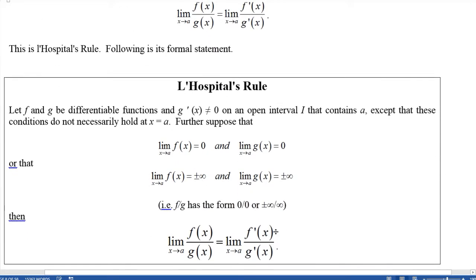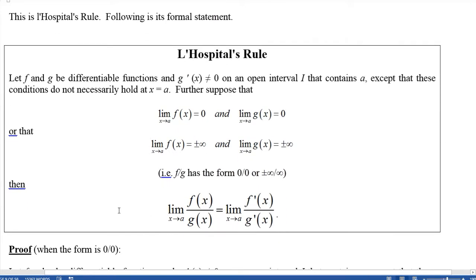So here's the formal statement of the rule. Let f and g be differentiable functions and let g prime of x be not 0 on an open interval I that contains A, except that these conditions do not necessarily hold at x equals A, and further suppose that the limit as x approaches A of f of x is 0 and the limit as x approaches A of g of x equals 0.